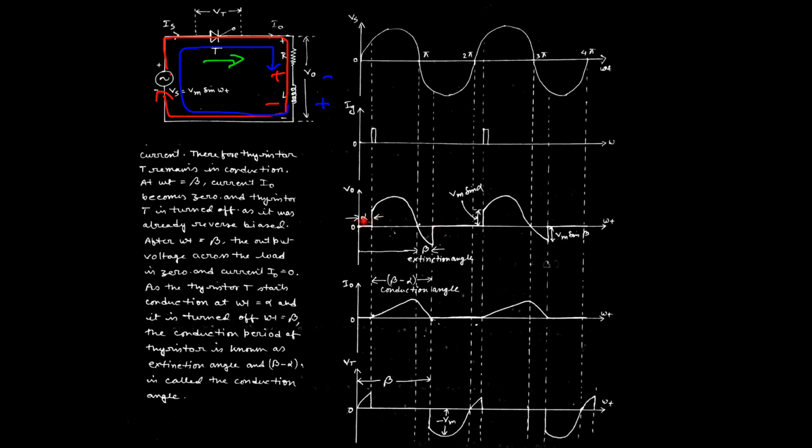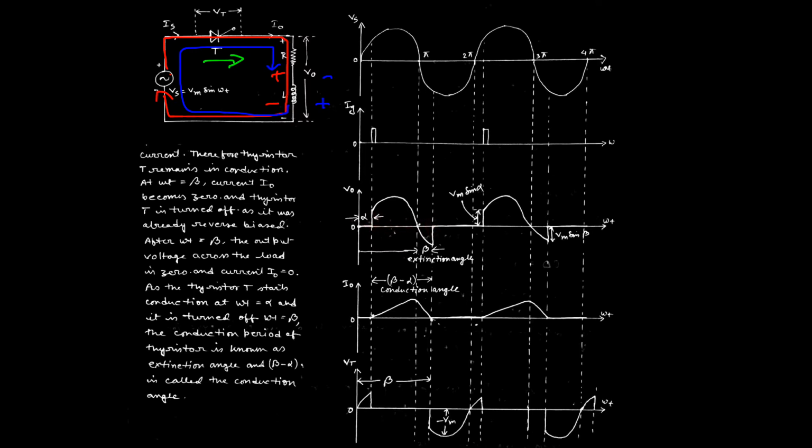This is the firing angle, defined by alpha, and the point at which the inductor has completely discharged is called the extinction angle, beta. And this angle, defined by beta minus alpha, is the conduction angle.